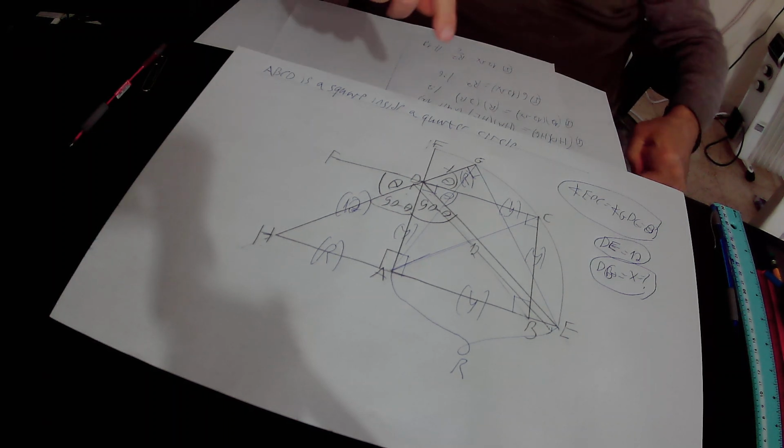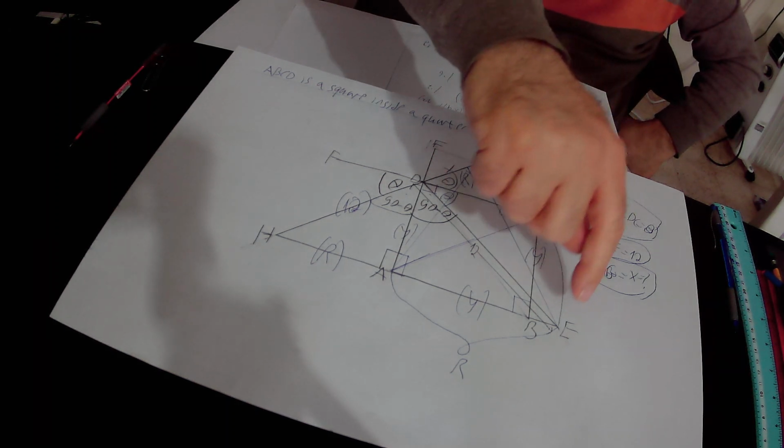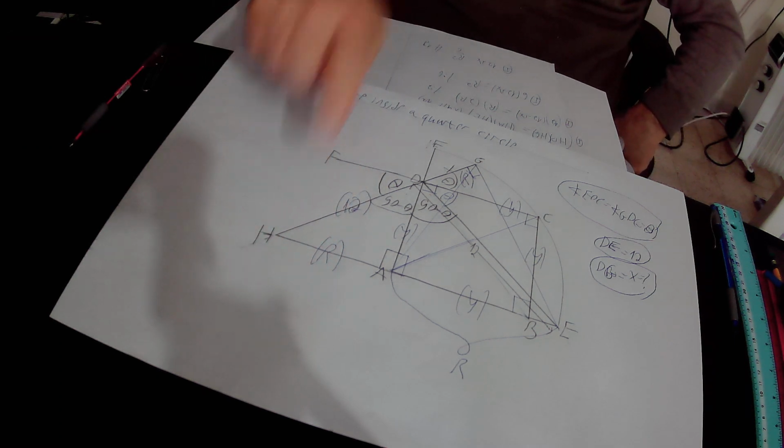That is to say, the circle that will be created by completing this quarter circle to a circle must pass through point H.